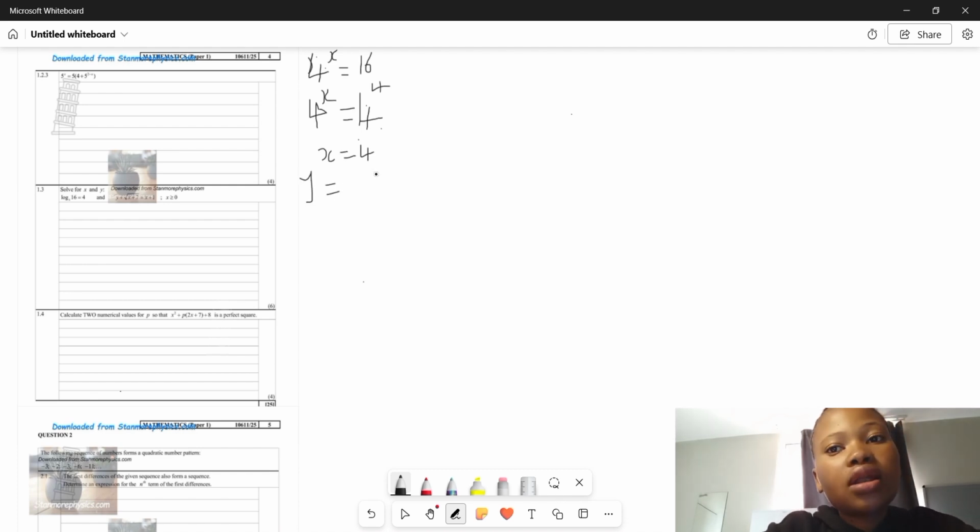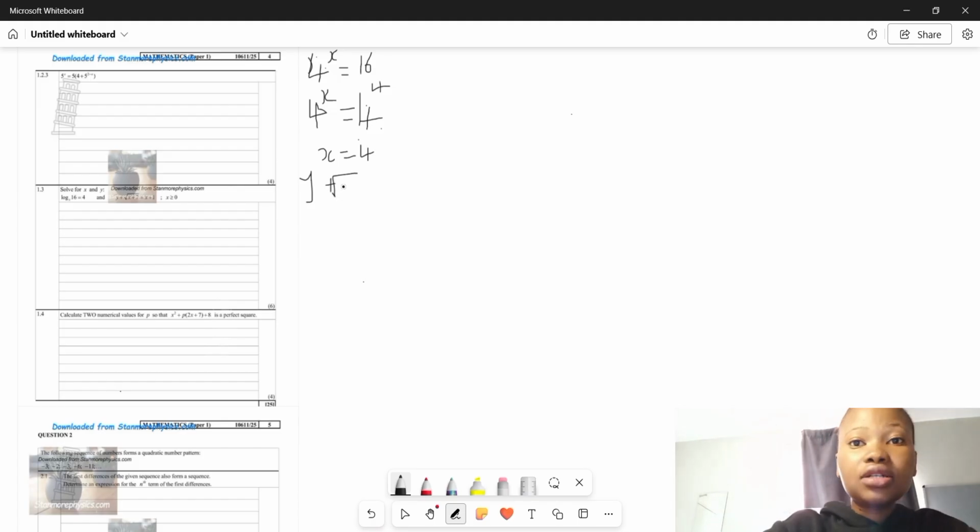This is also another thing, but I made a mistake. This is a common mistake that most learners make. When they see a log, they don't know how to apply it. So in this case, we are going to correct it, and I will show you the correct manner of writing it.